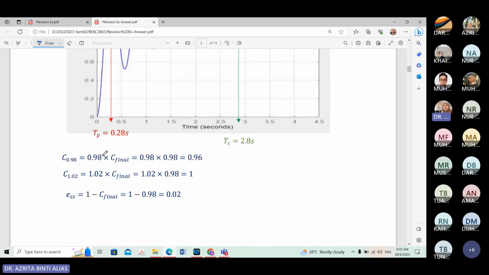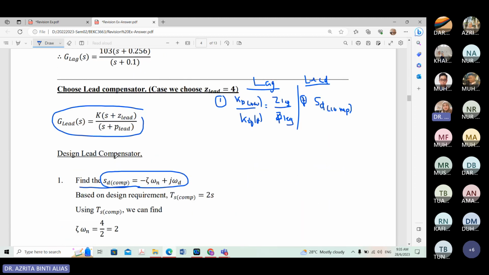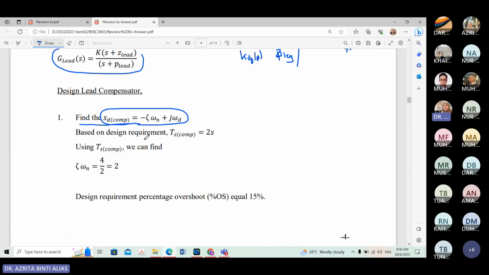Based on our design requirement, we already have the value of TS compensated from here.